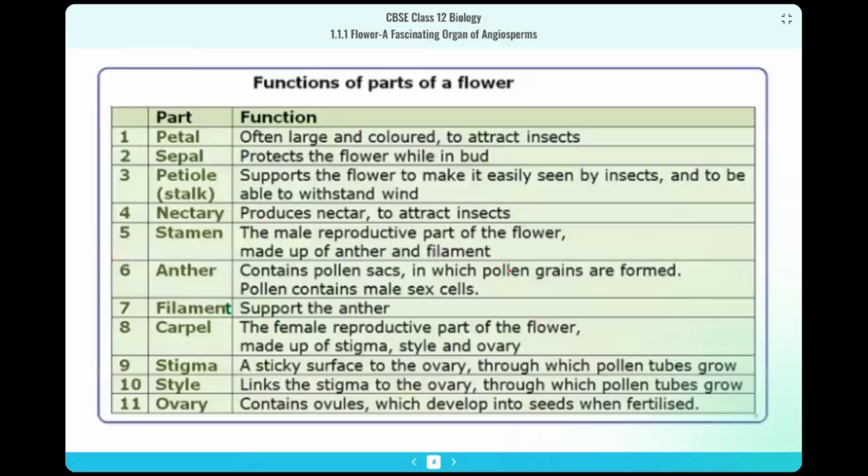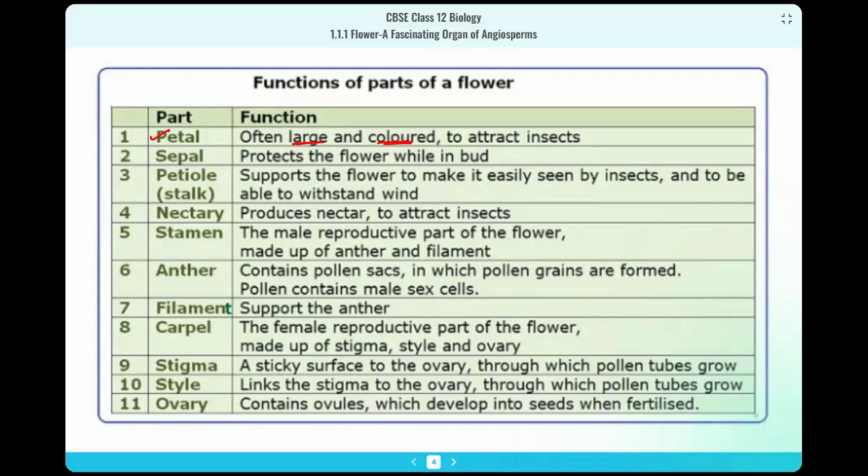Now, moving to the next slide, we have the different parts of the flower and their functions. The first part given here is the petal. Petals are often large and colored, and we know that the different colors of flowers attract insects or birds to collect the nectar and promote the pollination process.